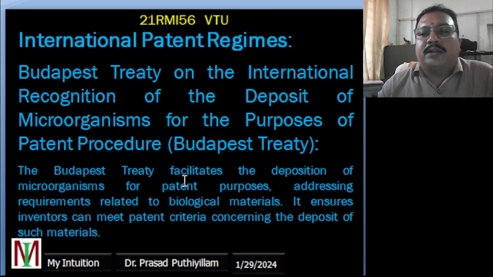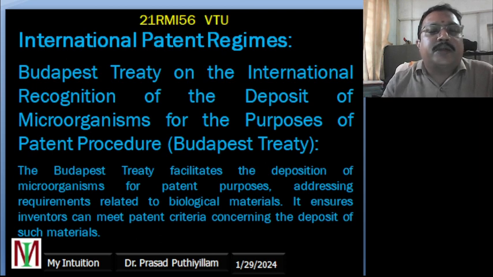The Budapest Treaty on the International Recognition of the Deposit of Microorganisms for the Purpose of Patent Procedure, that is the Budapest Treaty. The Budapest Treaty facilitates the deposition of microorganisms for patent purposes, addressing requirements related to biological material. It ensures inventors can meet patent criteria concerning the deposit of such material.